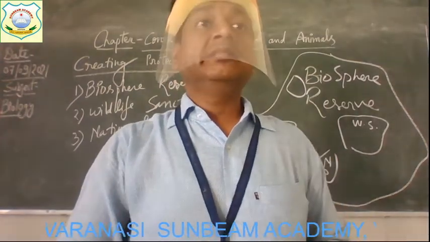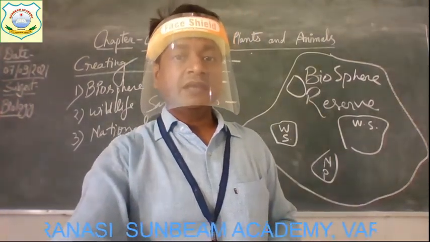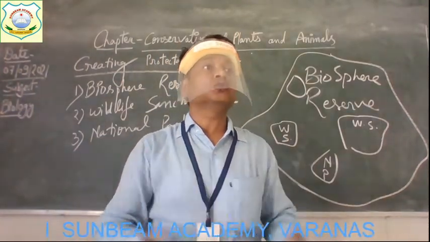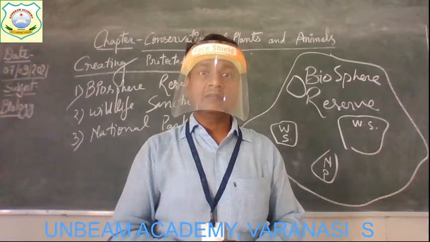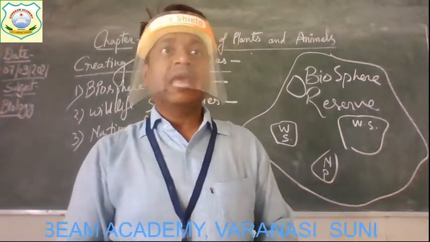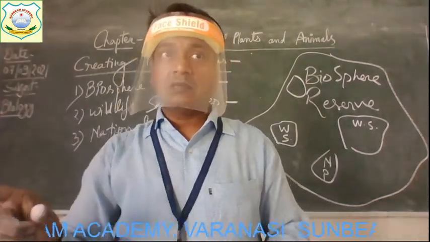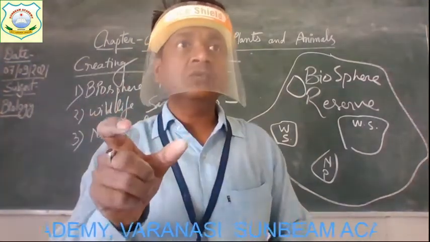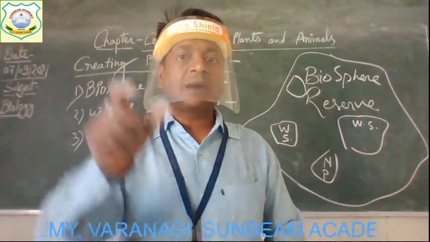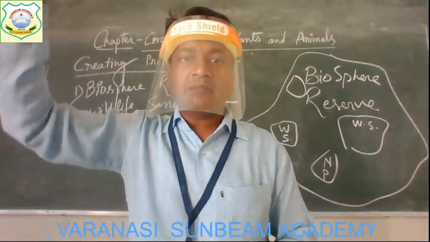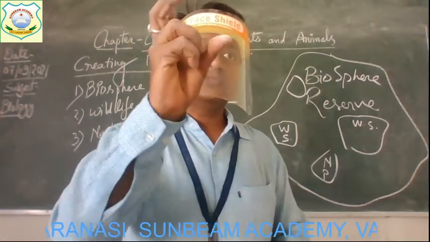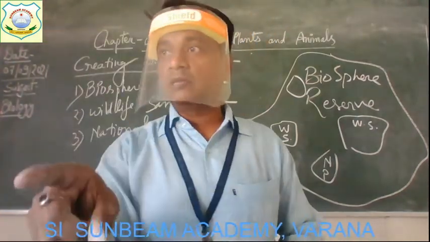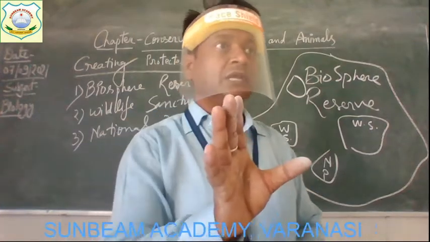In your book, there is a map of India, and in that map, wildlife reserves in India are shown. You can go through the map and prepare a list in your notebook. In that list, you will write down the names of national parks, wildlife sanctuaries, and bird sanctuaries, because these three are indicated on the map with their names.